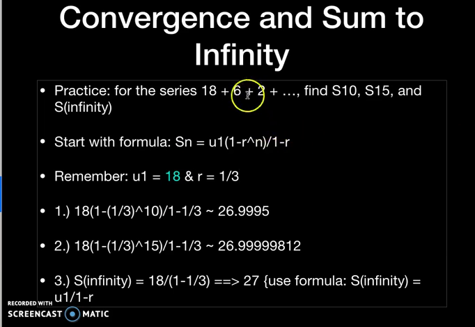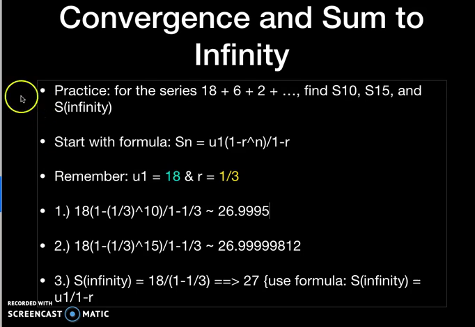And our ratio, very simple. You just have to see the approximate value between 18 and 6 and 6 and 2. And because it's decreasing, it can be a fraction, and it would be 1/3. Okay, so here is a 3-step problem because they're asking you to find S10, S15, and S infinity.